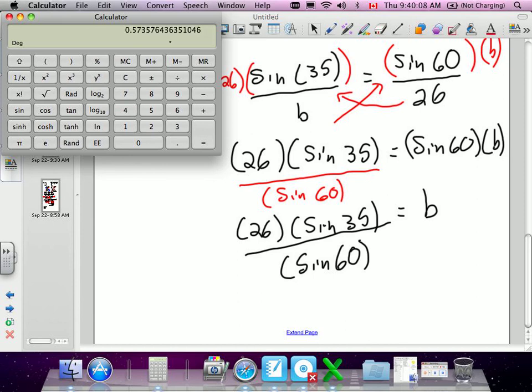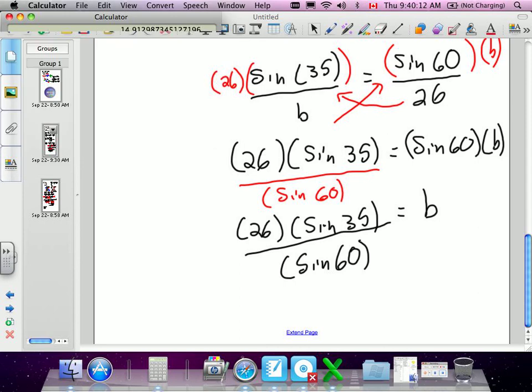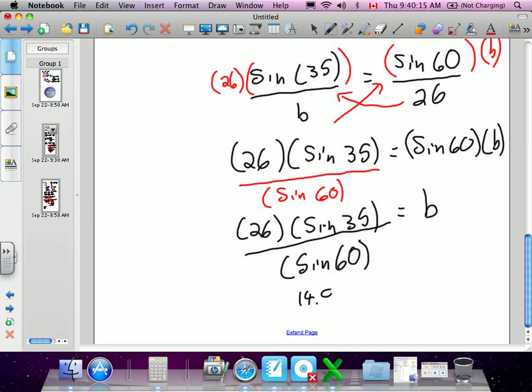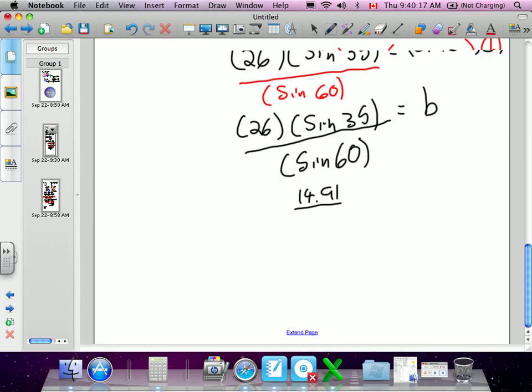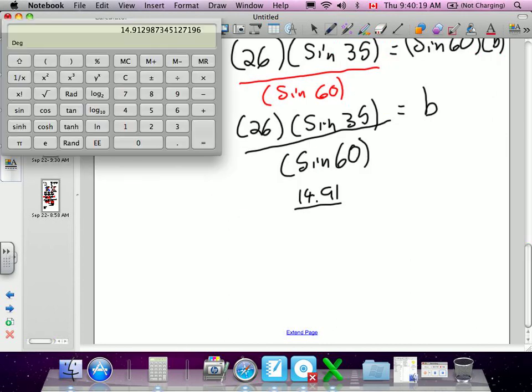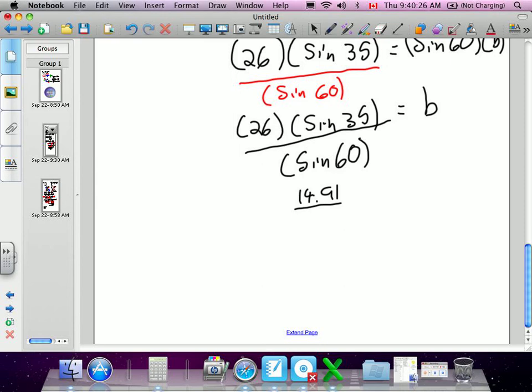On my calculator I can't do this all at once. That's 14.91. So the top is 14.91 divided by, let's figure out what sine 60 is. Sine 60 is 0.866.